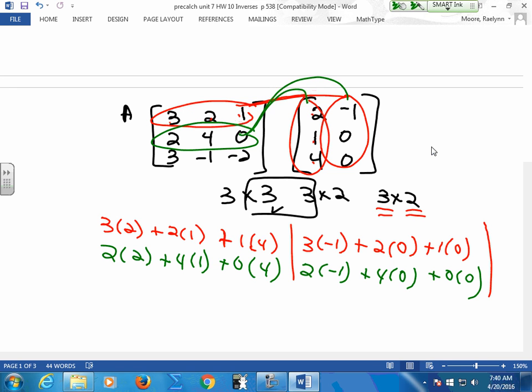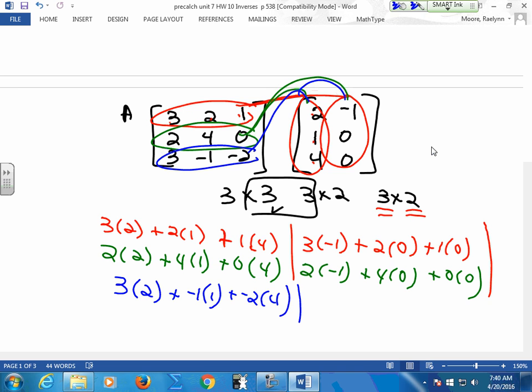Last one. Row, column, column. 3 times 2, plus negative 1 times 1, plus negative 2 times 4. And the last column, 3 times negative 1, plus negative 1 times 0, plus negative 2 times 0.